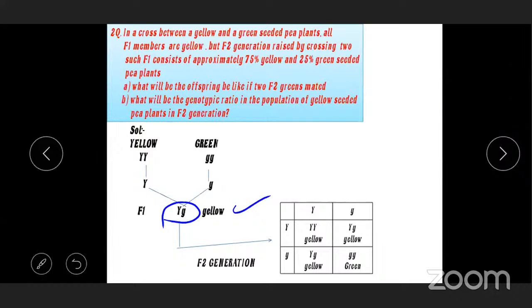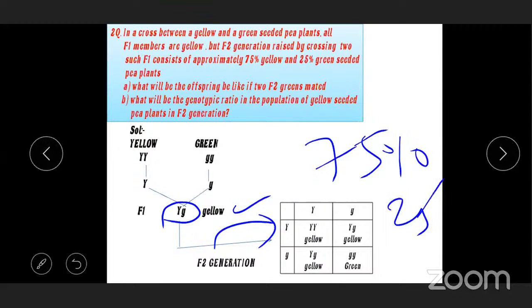But the F2 generation, raised by crossing two such F1, consists of approximately 75% yellow and 25% green seeded pea plants. Automatically, he self-pollinated the F1 plants, and in the F2 generation, 75% yellow seed plants were produced and 25% green seed pea plants were produced.